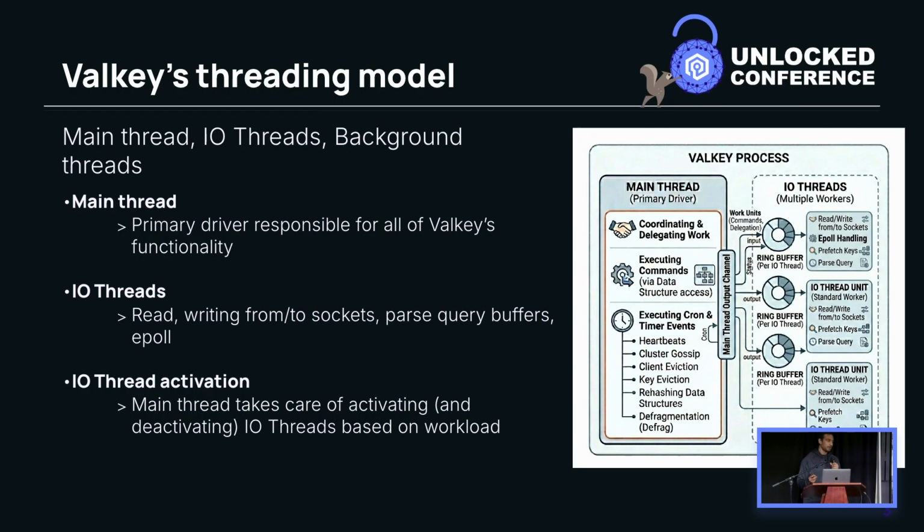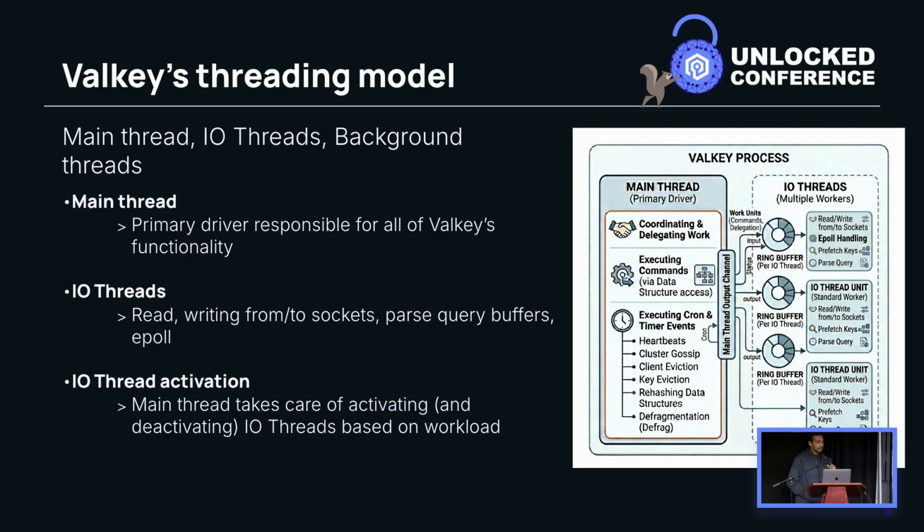Here in this slide, I talk about the Valkey threading model, which sets the context for the problem. In Valkey, most people might already know, there is a main thread and there are IO threads, and there are other threads like background threads or child threads, which are part of the fork.